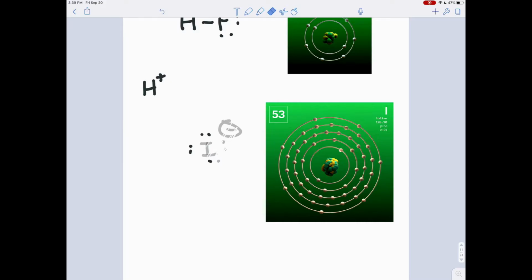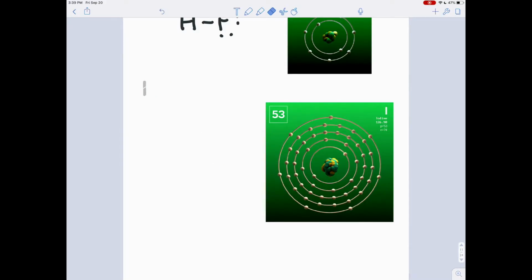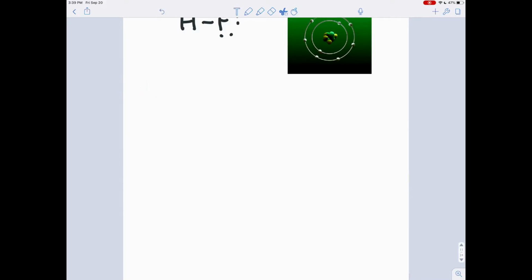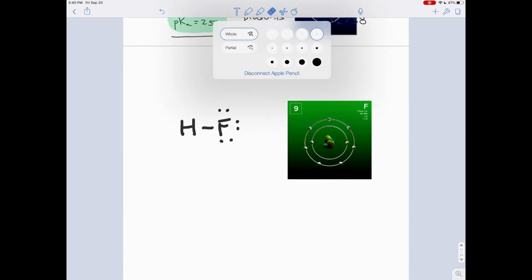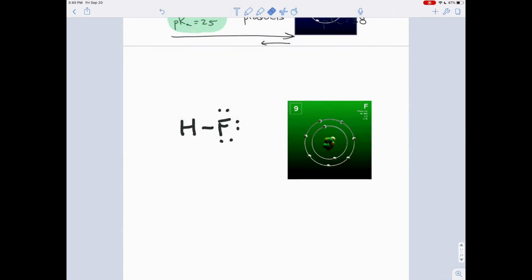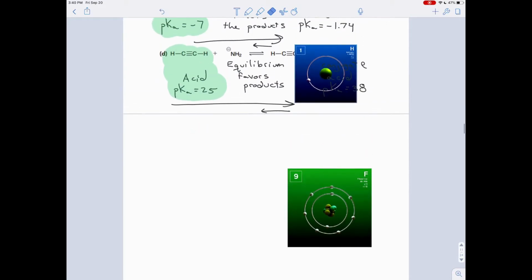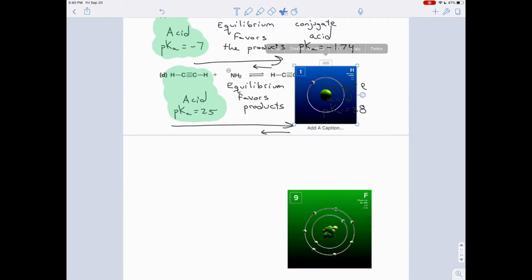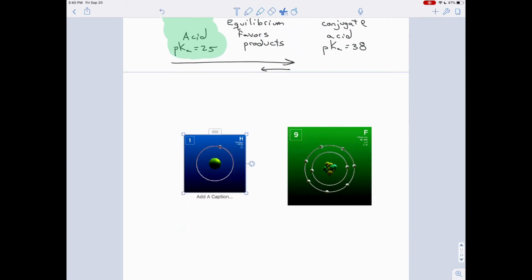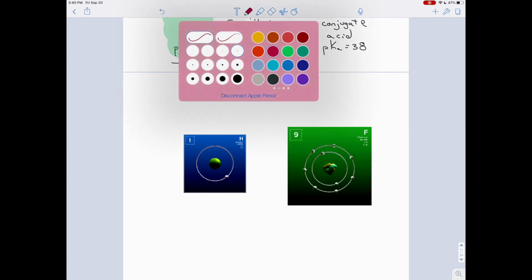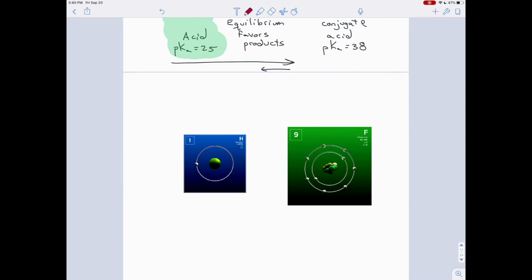Imagine, instead of iodine and fluorine like we had last time, that you have fluorine and hydrogen. So if this hydrogen gets another electron and has a negative charge, it only has one proton in its nucleus to help stabilize the negative charge.